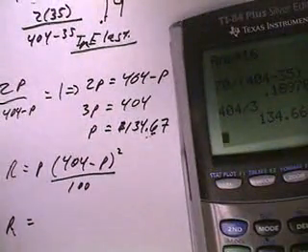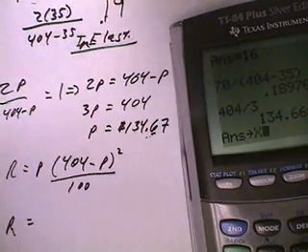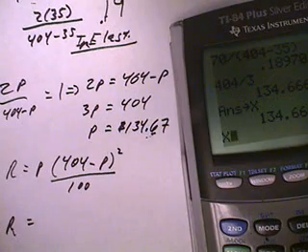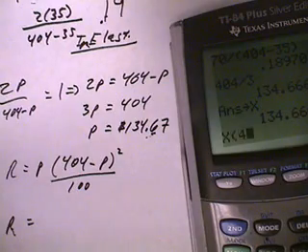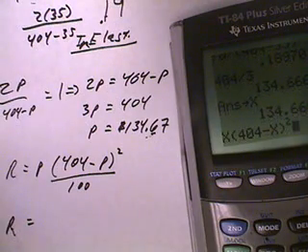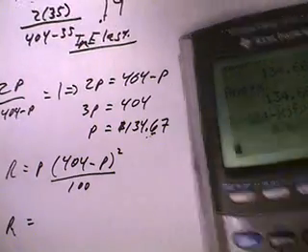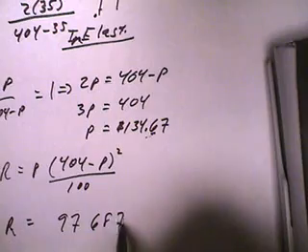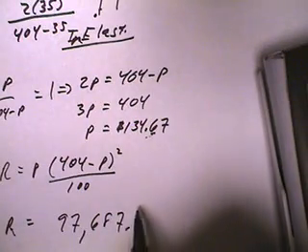So I'm going to store this number into X, and then I'm going to type X parentheses, there we go, 404 minus X again, close parenthesis, square that, and then divide that answer by 100. And we get a revenue of 97,687 and about 80 cents.